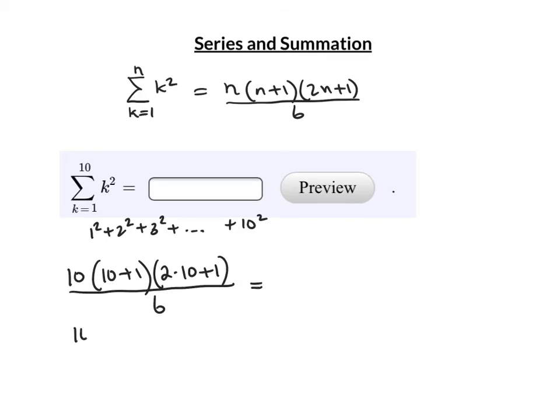That ends up being 10 times 11 times 21, all divided by 6. Put that in the calculator. Make sure you multiply all the top before you divide by 6. And the result is 385.